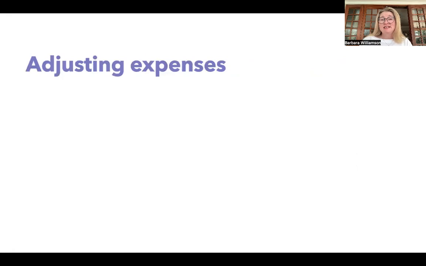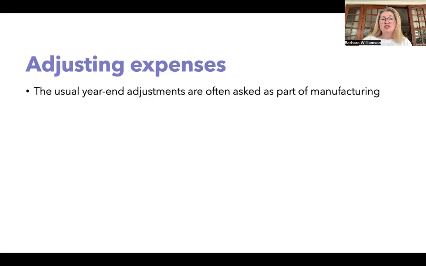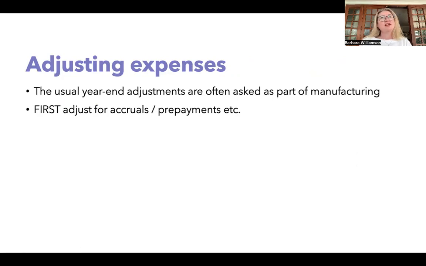Adjusting expenses is important to understand how to do this. As I mentioned, a number of adjustments are creeping into the manufacturing questions these days. All you do is you make sure that you first do any adjustments. So if, for example, they tell you that rent was already prepaid at the beginning of the year, and at the end of the year, maybe there's an accrual, you would need to add those items in.